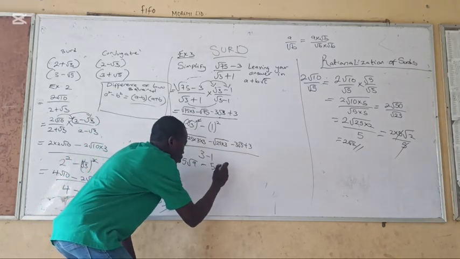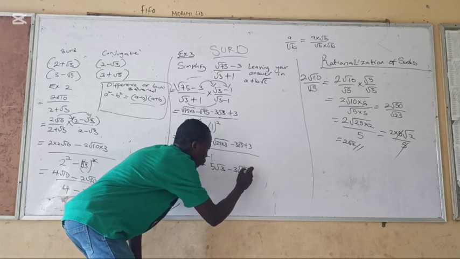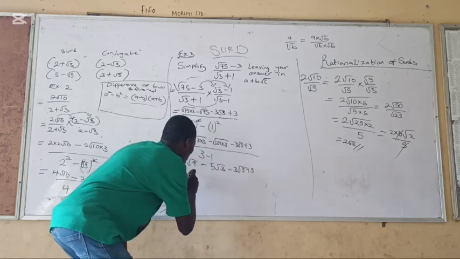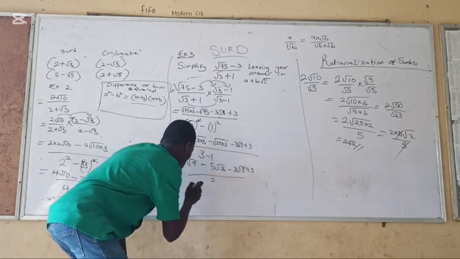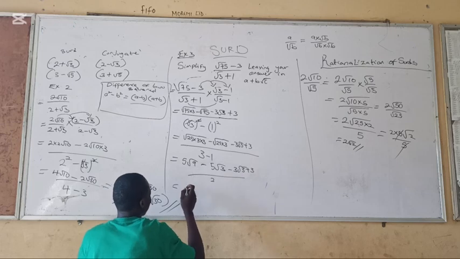So we have 5 root 3 times 3 minus 5 root 3 minus 3 root 3 plus 3, all divided by 2. So here now the root of 9 is going to give us 3.